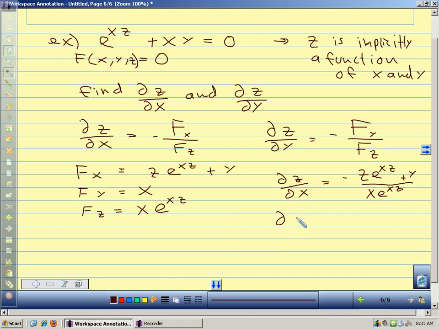Dz dy, partial with respect to y, is minus x over x e to the xz, which is just minus 1 over e to the xz.